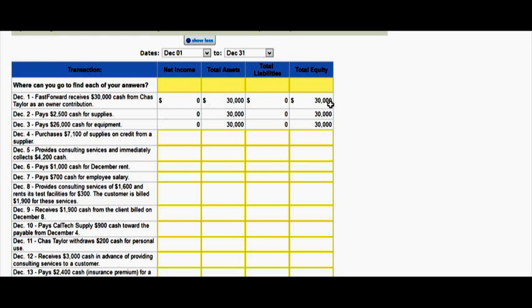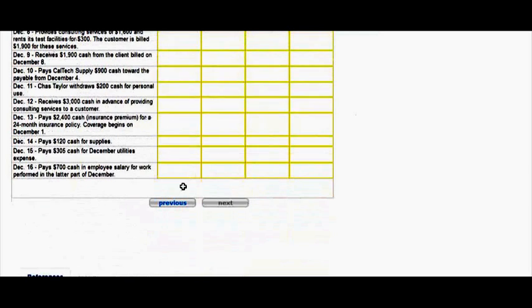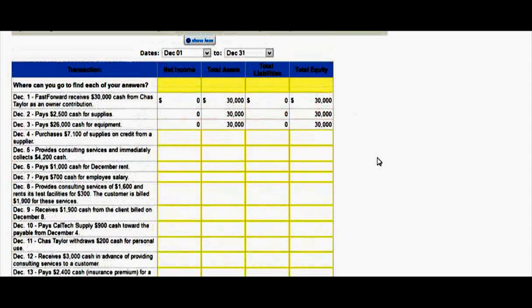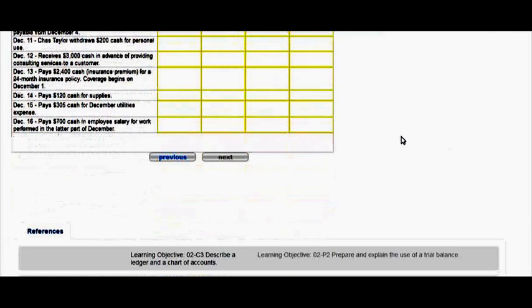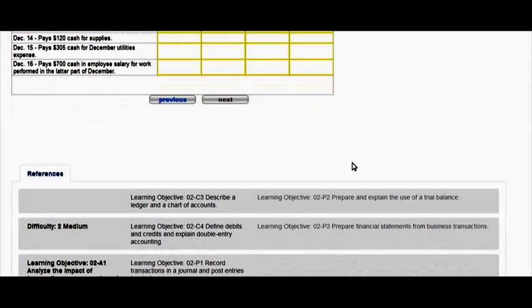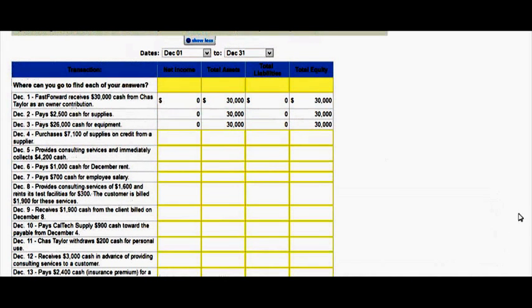It does increase your assets. It does increase your total equity. These parts I'm going to leave as optional for you to do. If you do them, it will be good. If you don't, I will make sure your points are adjusted accordingly. And this is really what the general ledger problems look like. So hopefully you can do them and they will help you to understand how everything works together.